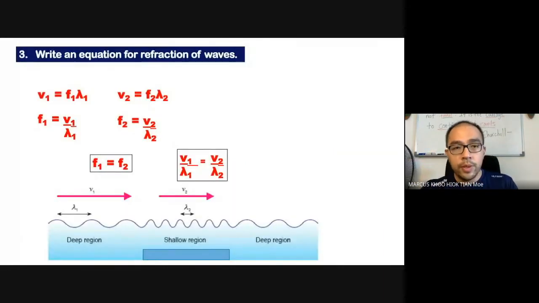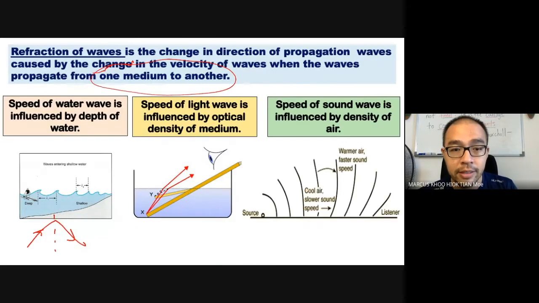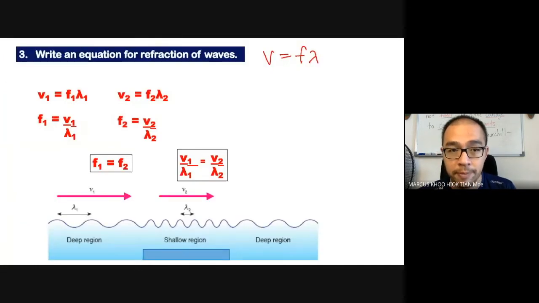When we talk about refraction of waves, we usually only refer to one formula, which is the general wave equation, v equals f lambda. But again, as I said before, the most important thing is that in the deep region or the shallow region, or if it is sound, if it is light, in the water and in the air, or whether it's cool air or hot air, the frequency is always the same.